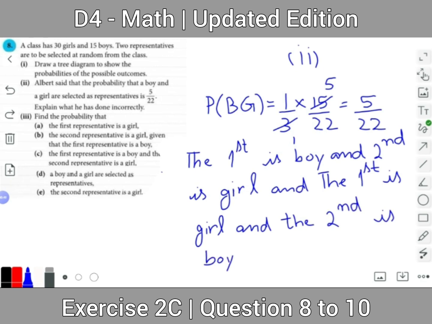So that's why Albert has calculated the probability incorrectly.